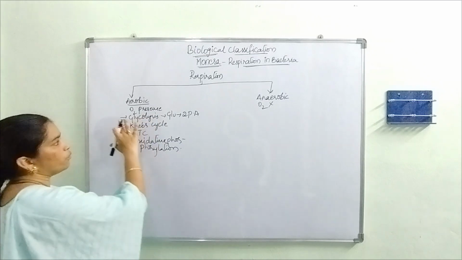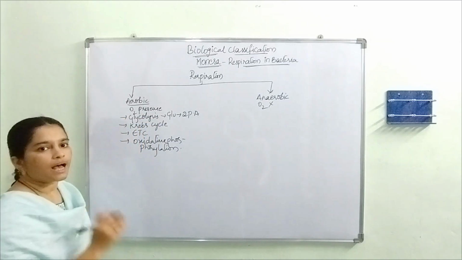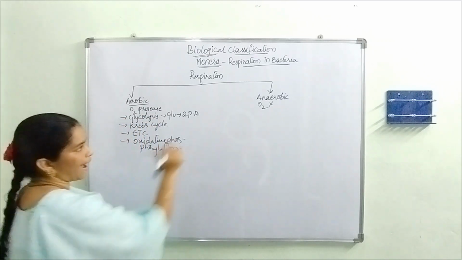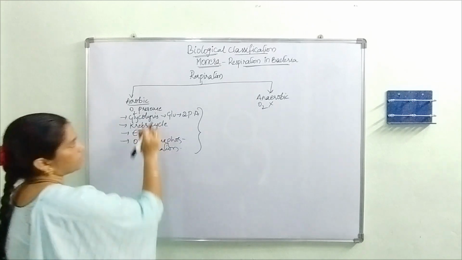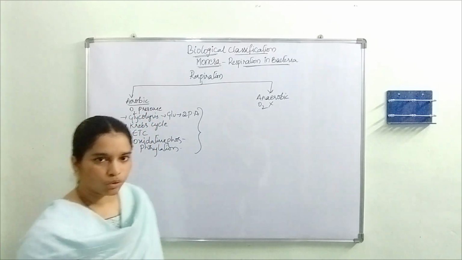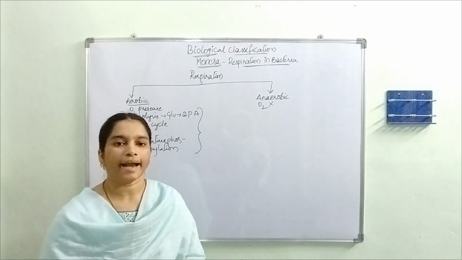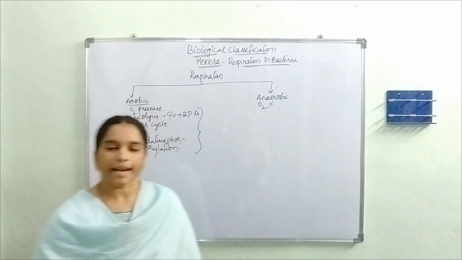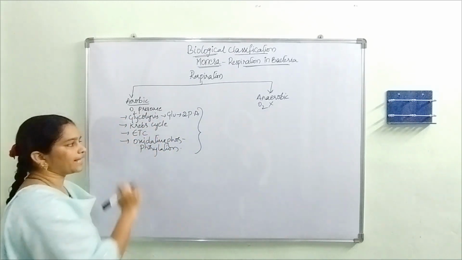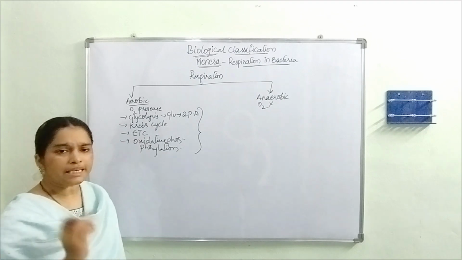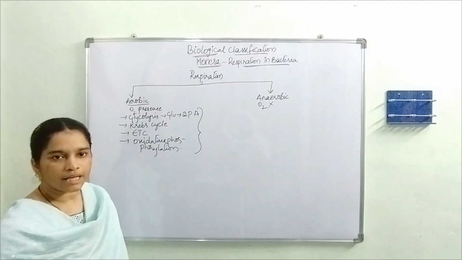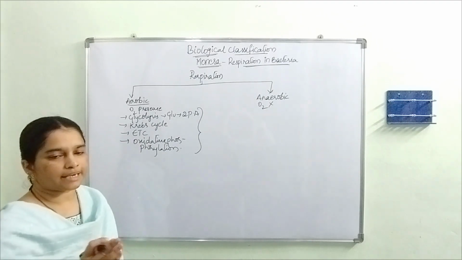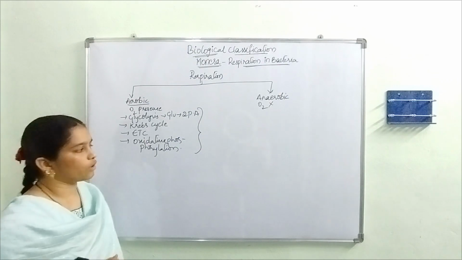Now, where do these processes occur in the bacterial cell? As we know, in eukaryotes, glycolysis occurs in the cytoplasm, while the electron transport chain, Krebs cycle and oxidative phosphorylation occur in the mitochondria.